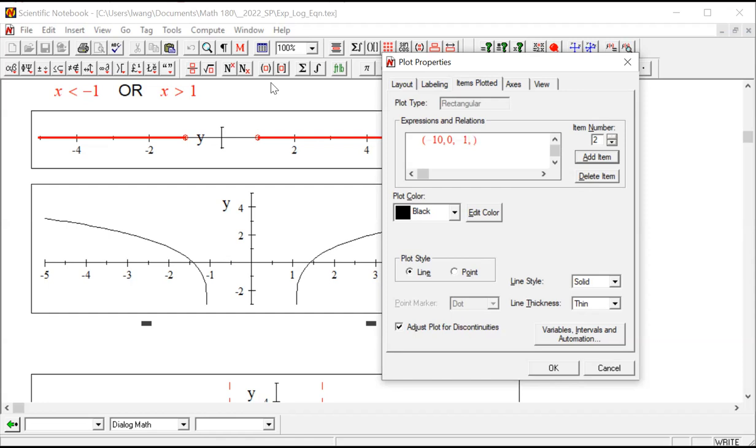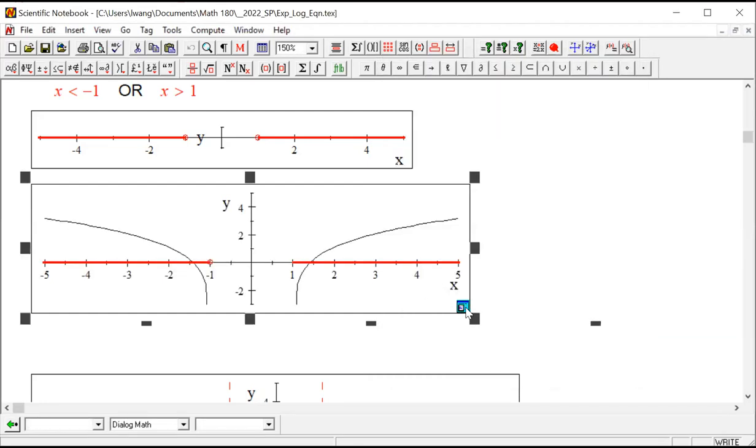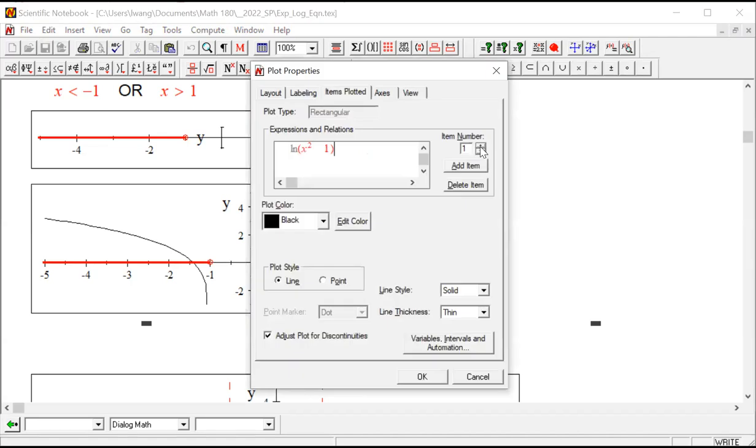So the domain: that red piece and another red piece, and the two circles. Those two circles are going to be shown so clearly on the picture.